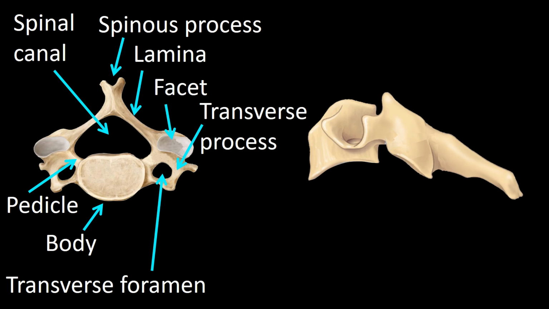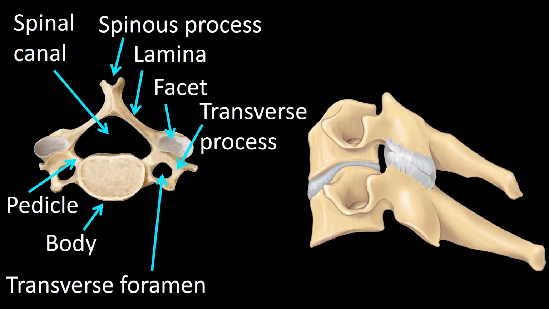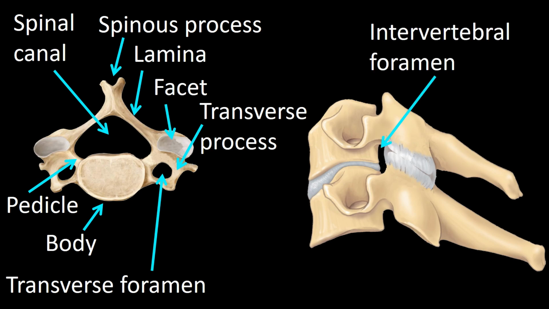Now I have introduced a view of the vertebra from the side and added another vertebra, probably the seventh, to be able to see the intervertebral foramen. The intervertebral foramen is the exit point of the nerve from the spinal canal.